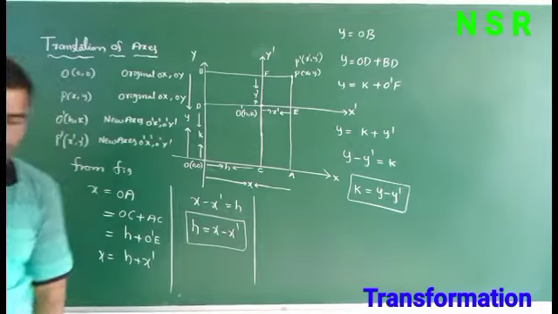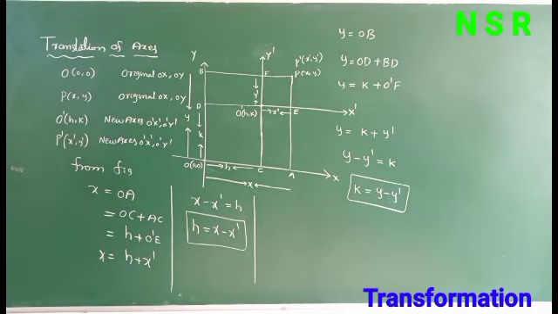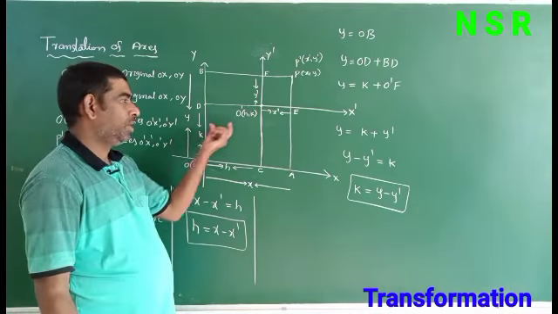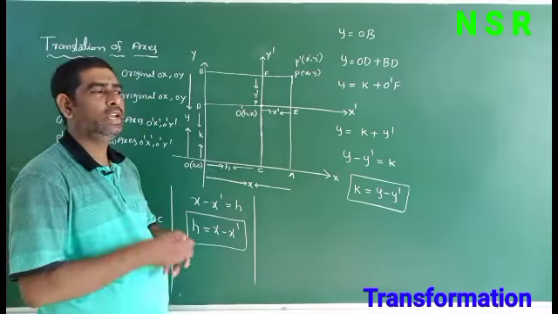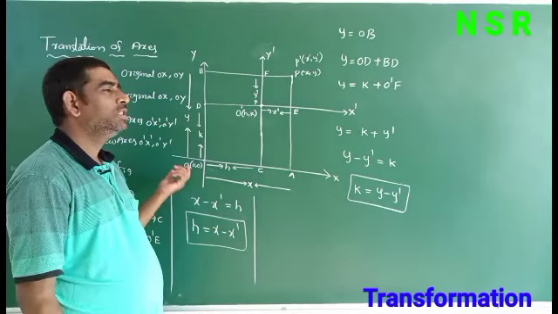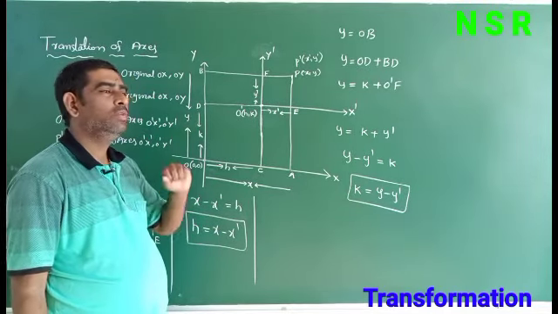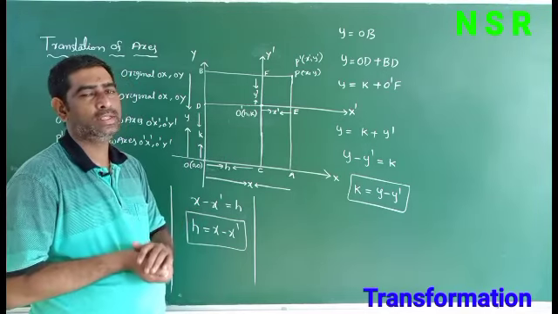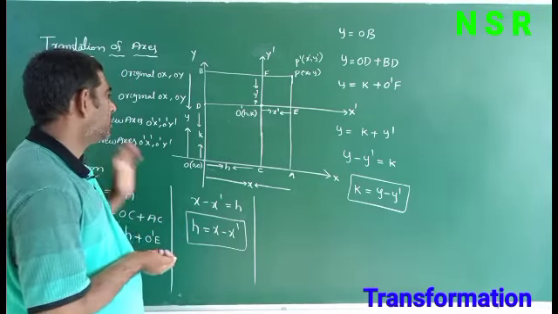So this is about translation of axis. Translation of axis means the origin is shifted from one point to another point in a plane without changing the direction of the axes.